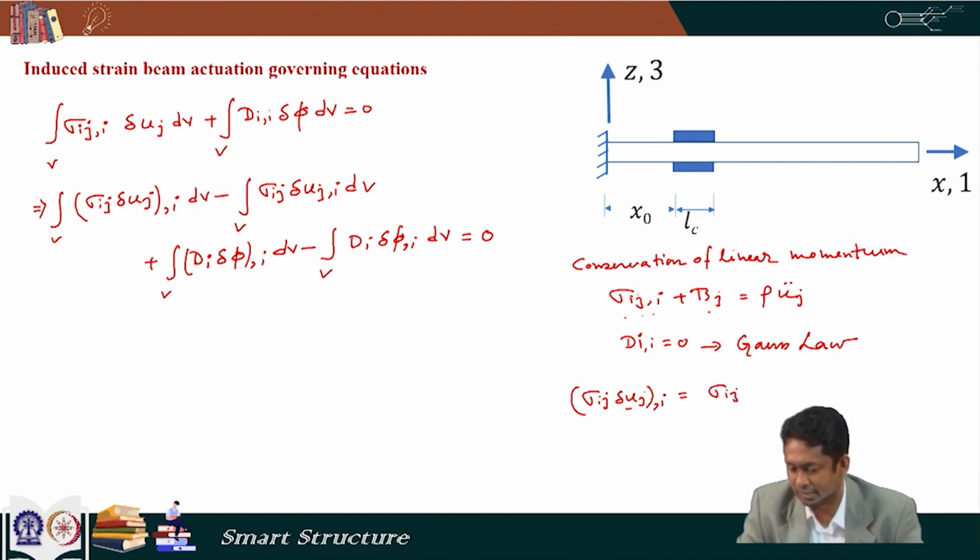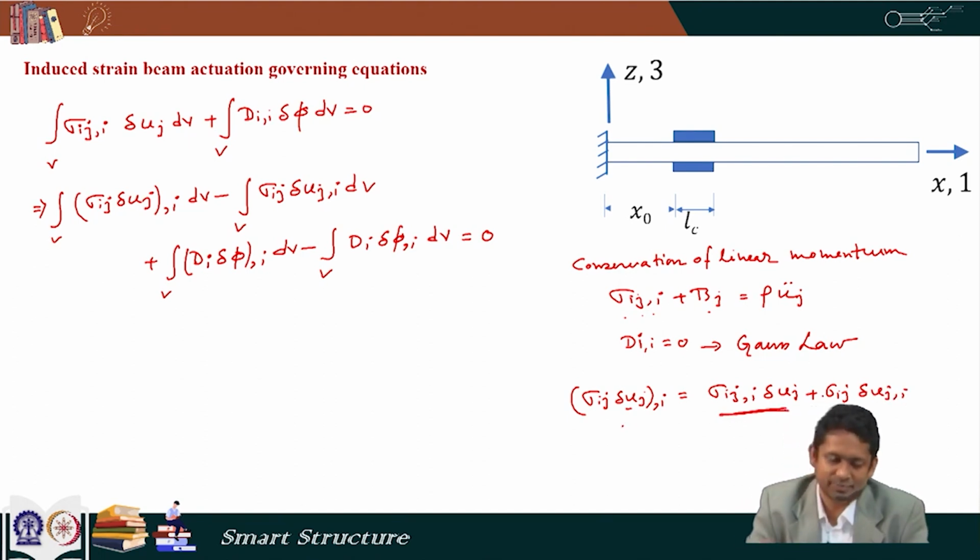So, it becomes sigma ij comma i into variation of uj plus sigma ij multiplied by variation of uj comma i. So, this we had. So, this is equal to this quantity minus this quantity that we have written here.